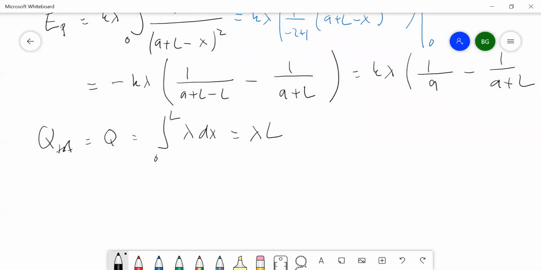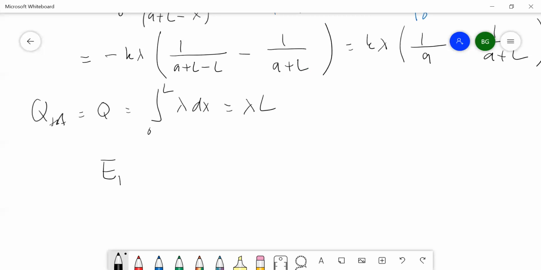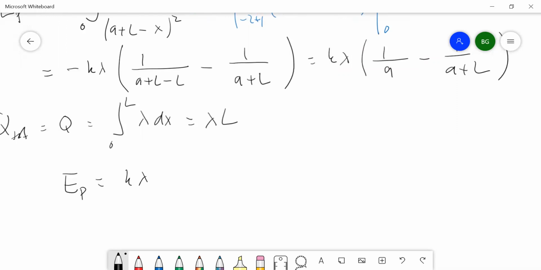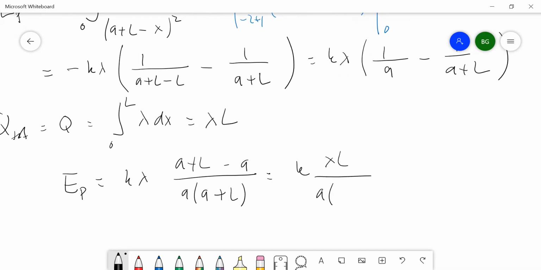If you simplify, this should be k lambda times A plus L minus A over A times A plus L. So this is k lambda L over A times A plus L, which is kQ over A times A plus L. That's the electric field.